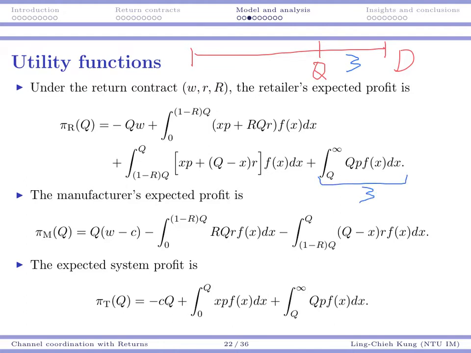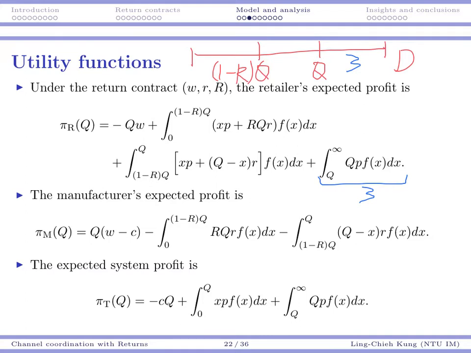How about the case that demand is less than quantity? In that case, we need to distinguish between two cases. So one critical quantity is 1 minus capital R times Q. This is because the manufacturer may not allow the retailer to return everything.